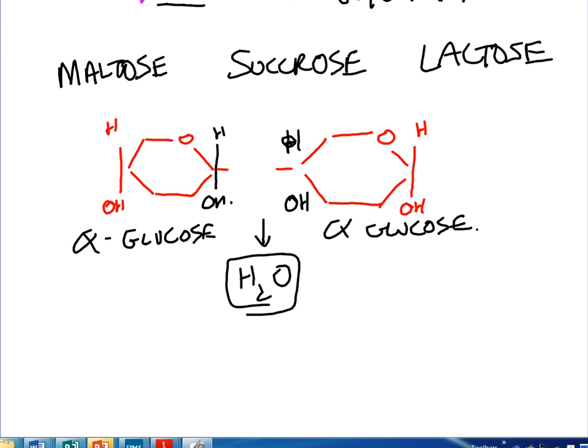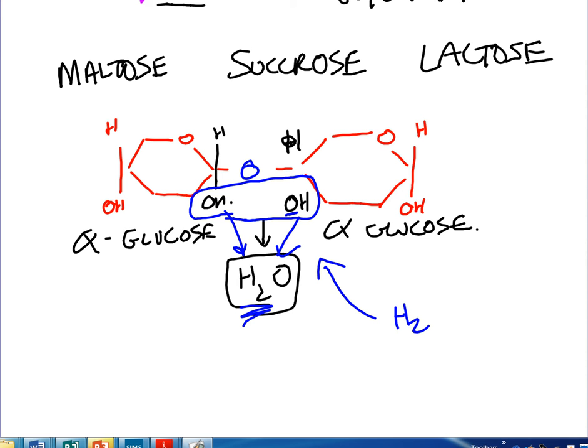What happens is the 2 OHs get together and we lose 2 of the hydrogens and 1 of the oxygen, and that leaves behind just that single oxygen, giving us the oxygen that forms the glycosidic bond in the center. So this is how a disaccharide bond is formed in a condensation reaction. And vice versa, in a hydrolysis reaction where we put the water back in, all we're doing is replacing those atoms, which then reforms the bond. So if we want to split that bond, that's what takes place.